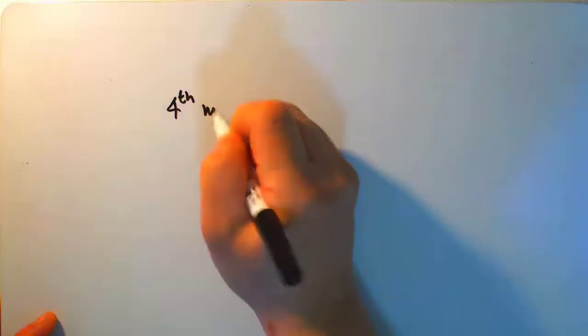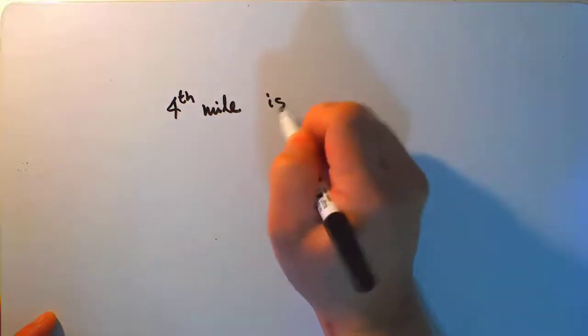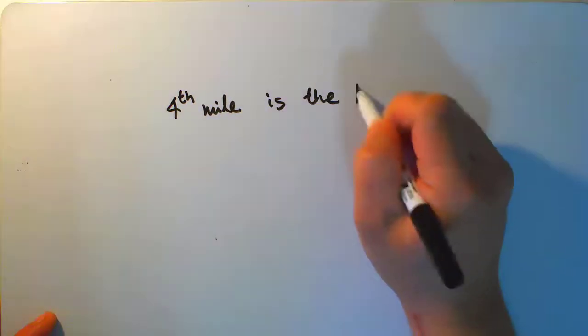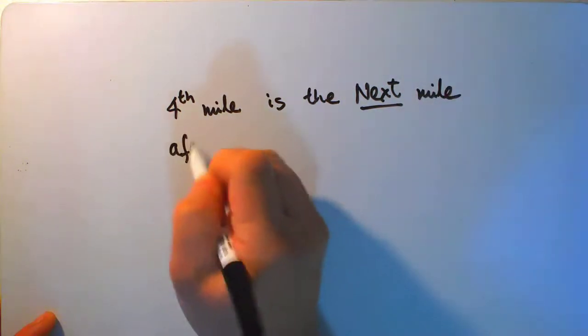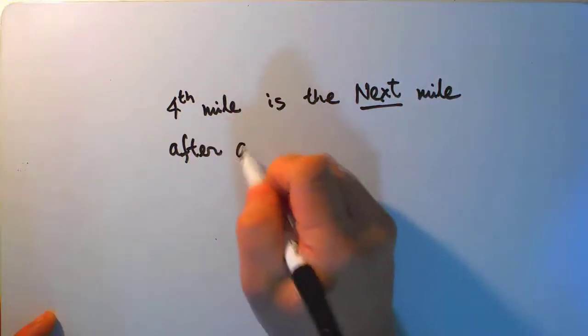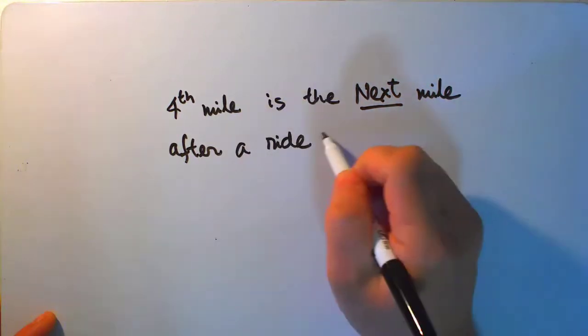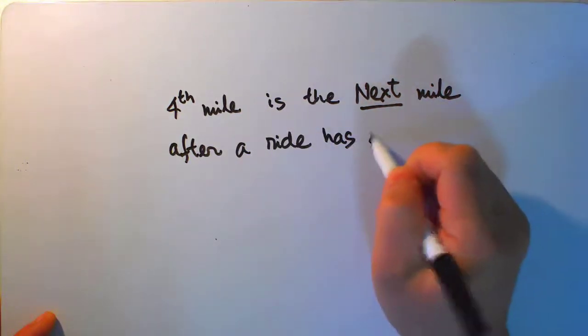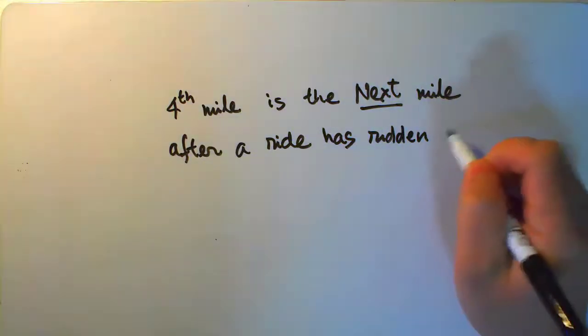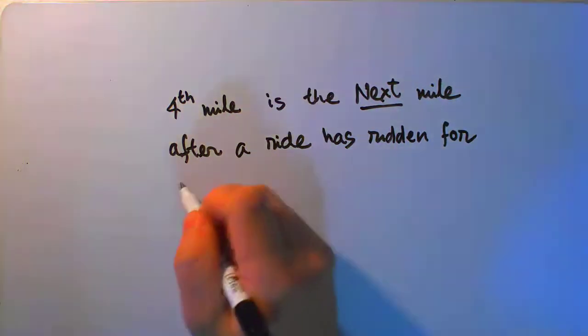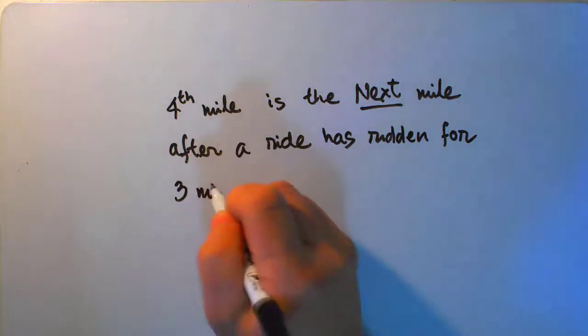So the intention of saying the 4th mile is that the 4th mile, as in my explanation here, the 4th mile is really the next mile after a rider has ridden for 3 miles.